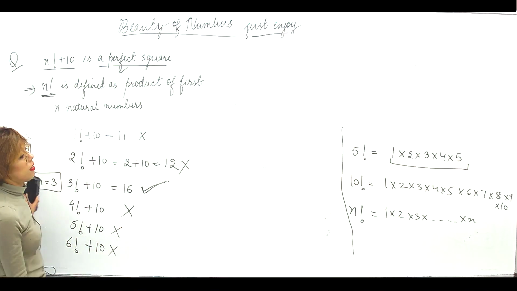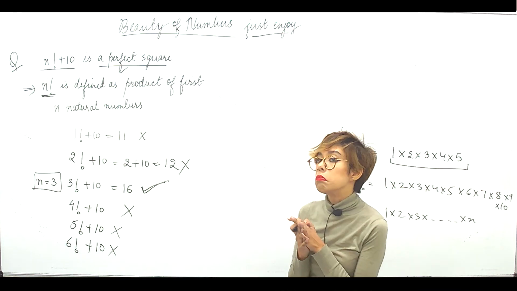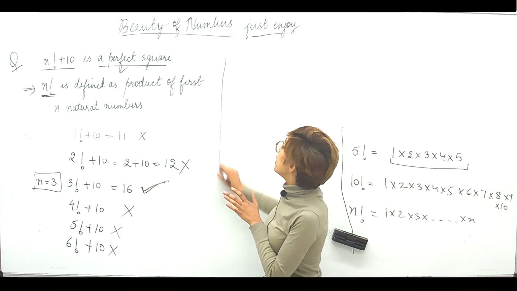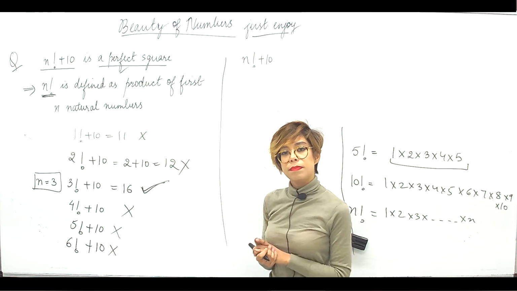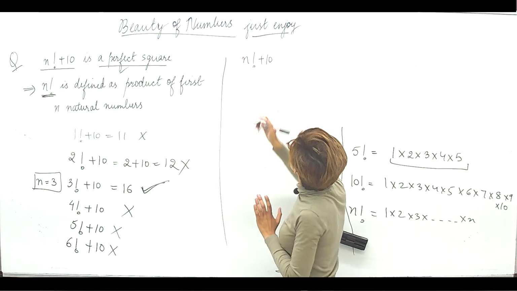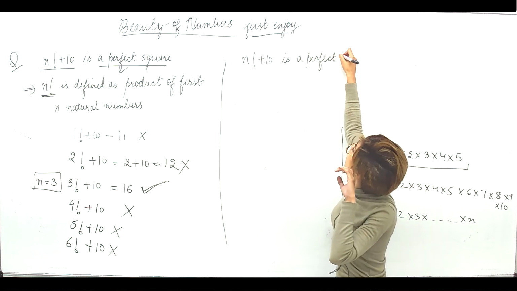But now we'll start questioning. Till then we have to find out. Good question. Let's try to understand this. Now, n factorial plus 10 should be a perfect square.